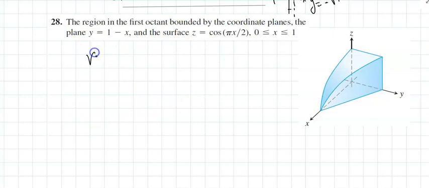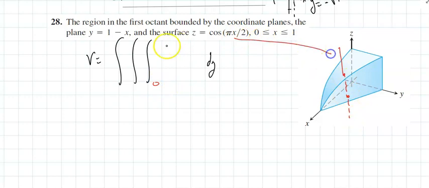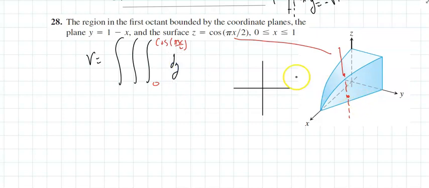Why not say volume equal the triple integral and run z? Why not run from 0 and exit out of the cosine of pi x over 2? If I did that, then I'm really looking at the 2 dimensions, right? And from the floor up, what do I see?